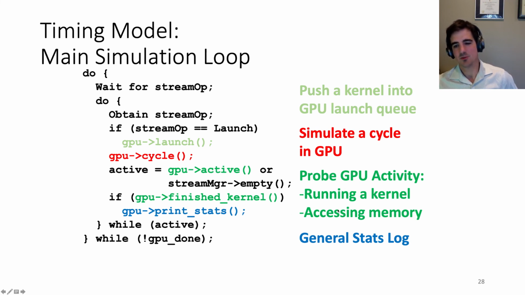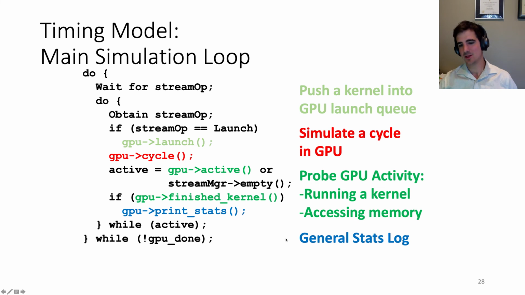This distinction between running a kernel and accessing memory is important because the kernel may end while there are still stores in flight. For example, you reach the very end of the very last thread, you do your last store, and then you immediately get to the exit instruction. Technically, the kernel is done running, but there are still stores in flight.